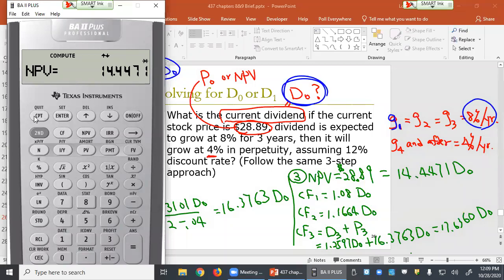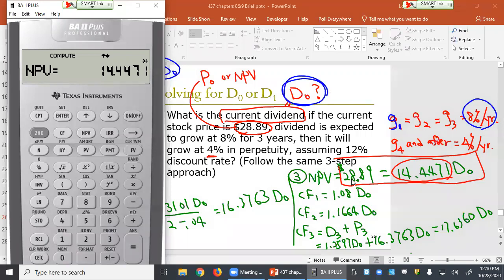If we're told that the current price equals $28.89, well, that current price is also equal to 14.4471 times D0. How do we use this information to solve for D0? I hope it's obvious. We'll now divide both sides by this number to solve for the D0.